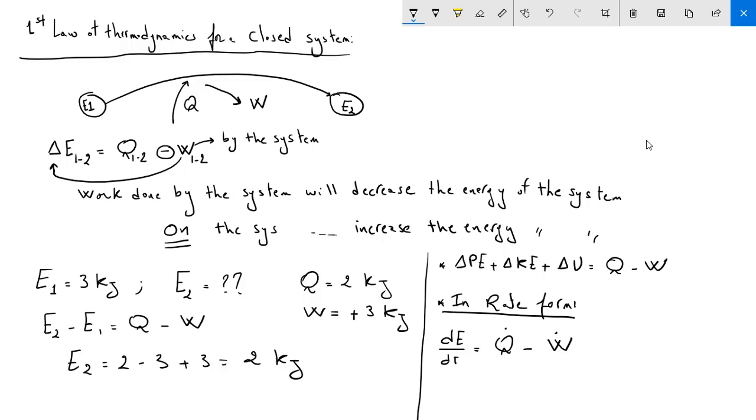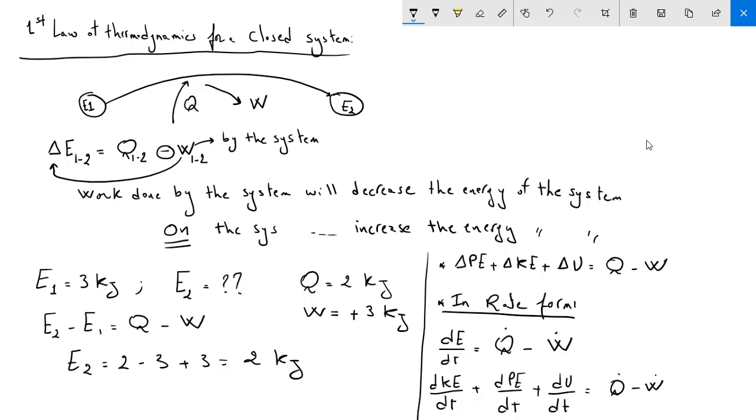So dE over dt is just d kinetic energy over dt plus d potential energy over dt plus d internal energy over dt, and will be equal to Q dot minus W dot.